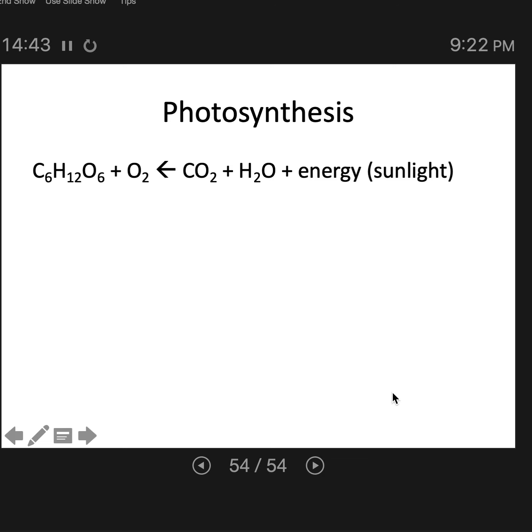So what these photosynthesizing creatures do is they photosynthesize during the day, and they take this energy, and instead of making ATP with it, they don't stop there. They generate sugar, and the sugar is a way to store that energy from the sun. So energy from the sun gets stored as sugar.